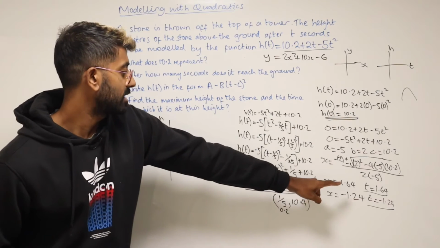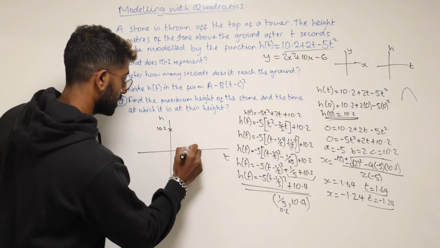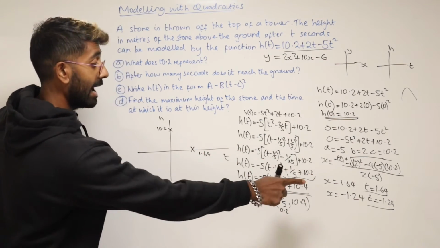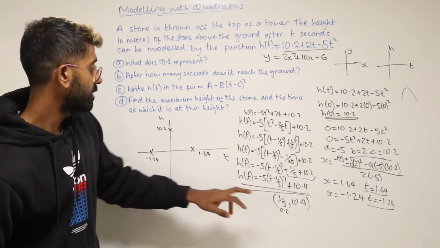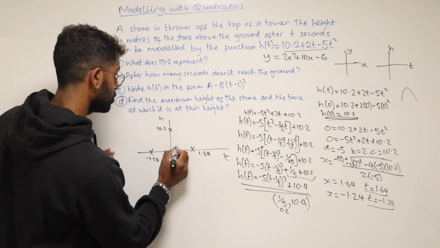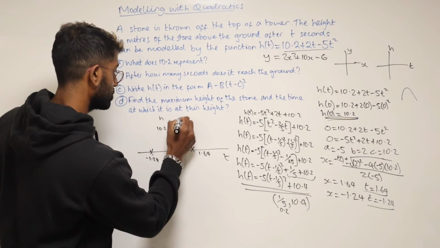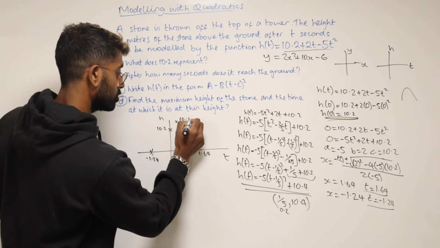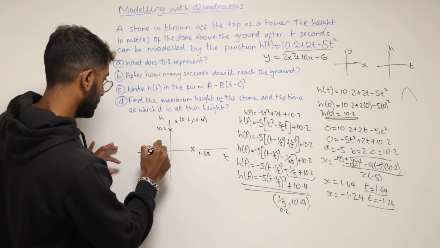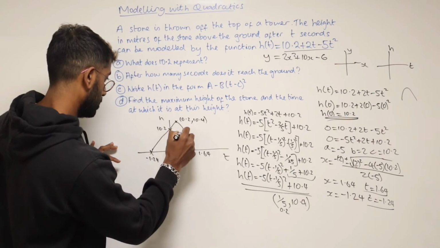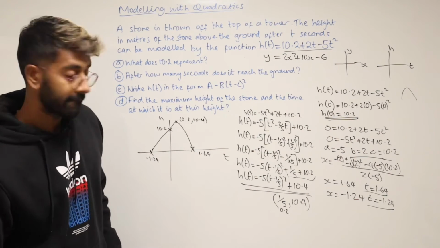We know it crosses the t-axis at 1.64, I'm going to put that here, 1.64, and at negative 1.24. And we know the turning point is at 0.2 and 10.4, so a little bit higher. So 0.2, 10.4. There we go. So if I was to draw a graph in here now, I can draw something like that.